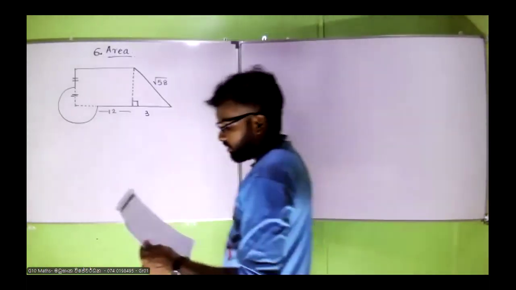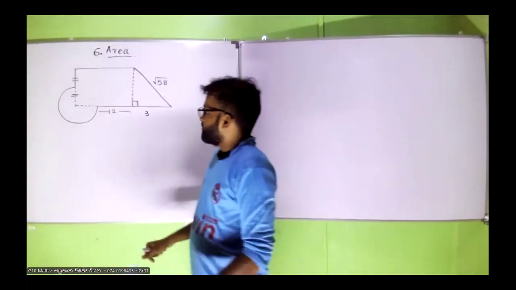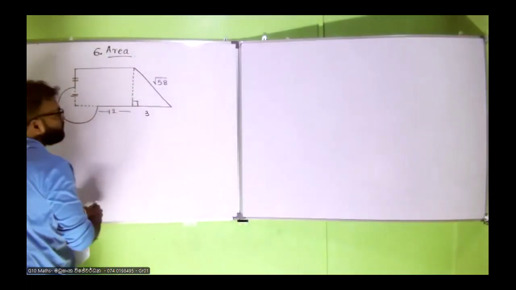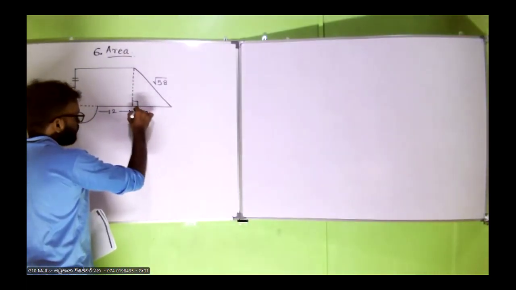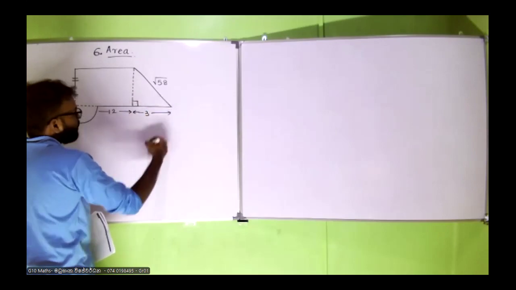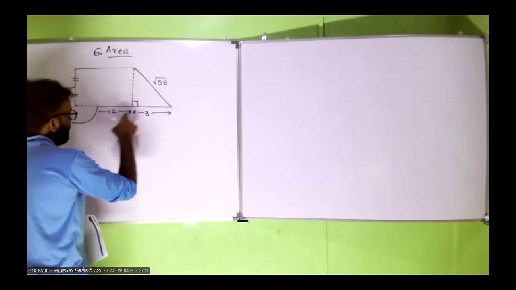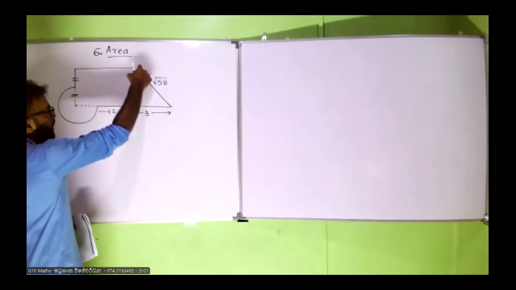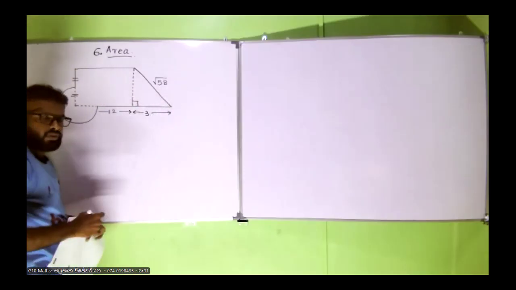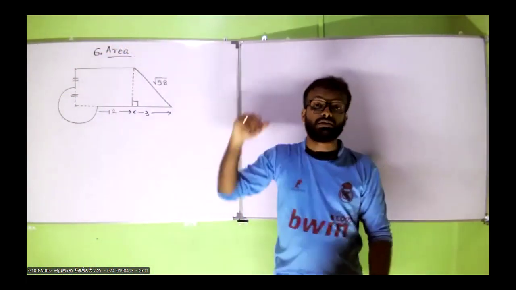Now the eyes on the board. Focus on the board. So this length is 3 centimeters. This length is 12 centimeters. Hypotenuse length is square root of 58 centimeters.